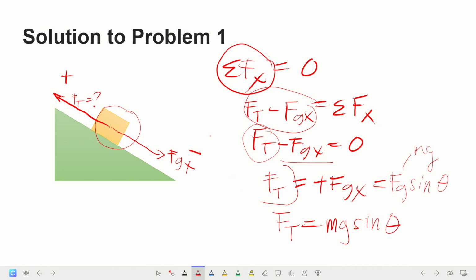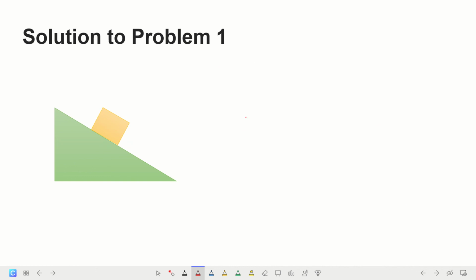So let us now solve for the value of the force. Letter D ito, di ba? Again, i-drawing ko lang ulit. This is the parallel component of the force due to gravity and our force preventing our object from sliding. Sabihin na natin na meron siyang string dyan, so that we call this tension force.